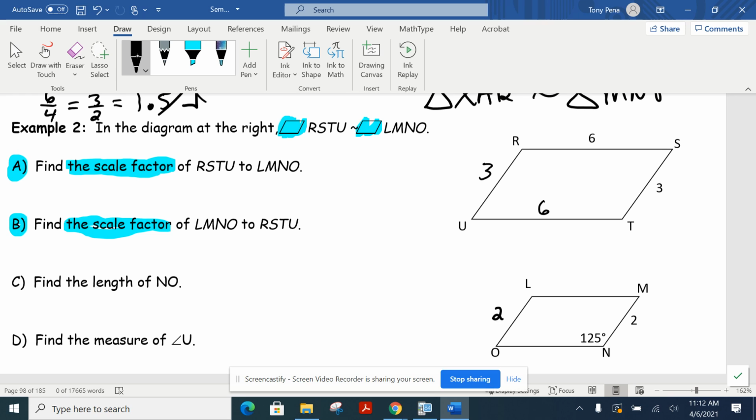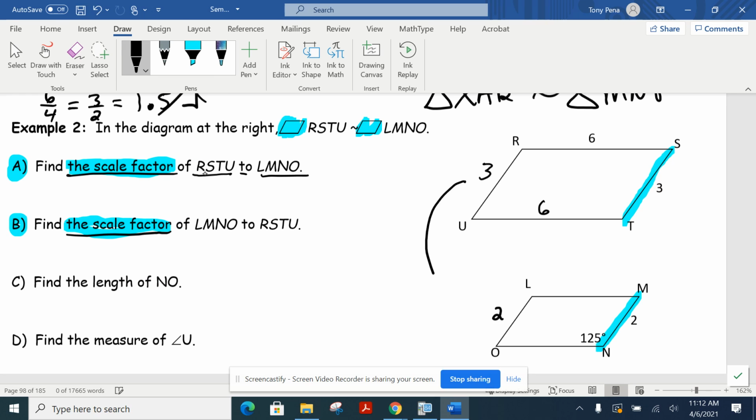All right, your scale factor is just your ratio between these two. So if we look at the sides that were flat out given to you, we had 3 on the right-hand side, and we had a 2 on the right-hand side. Both of these are asking for the scale factor, but now understand what this means. We want to go RSTU to LMNO.